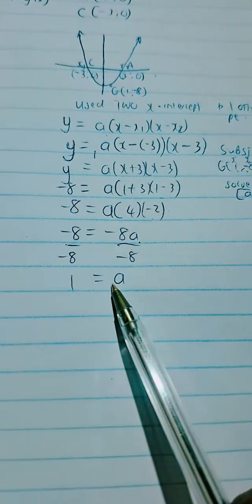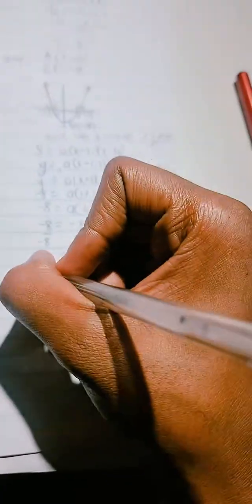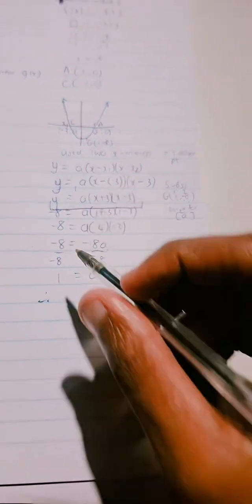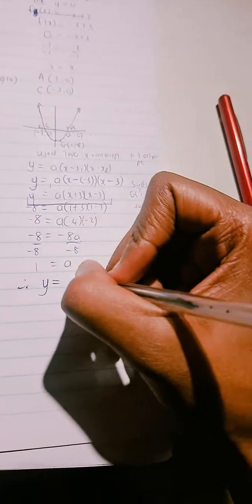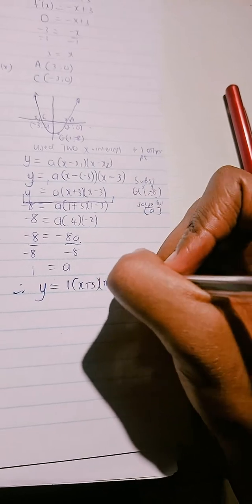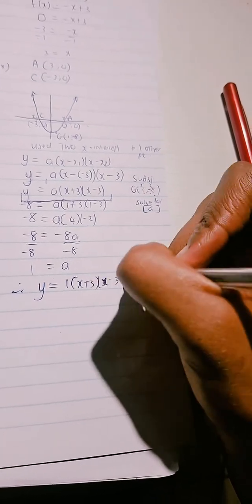Okay, so A is equal to 1. So we go back to this stage and we substitute A is equal to 1 back here. Y is equal to 1 into x plus 3 into x minus 3.